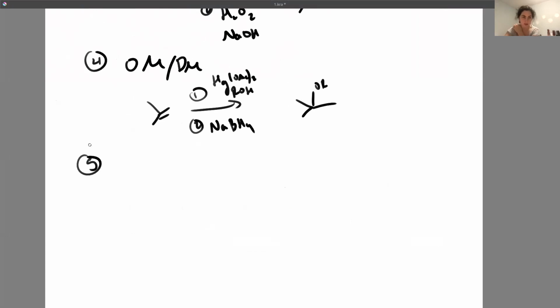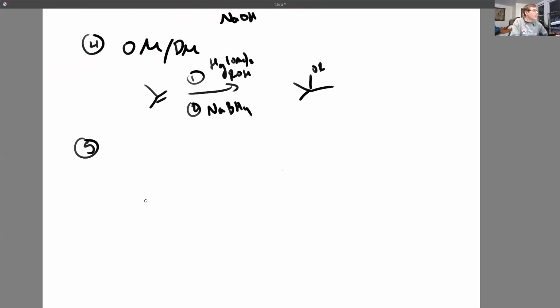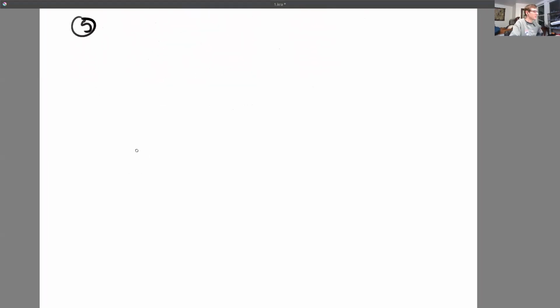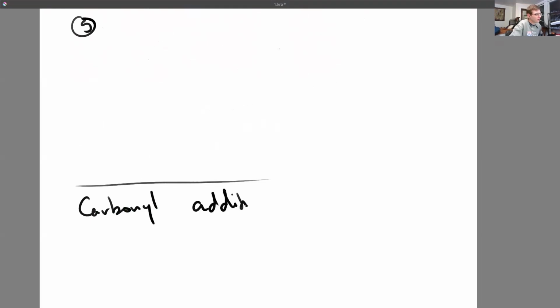Acetylides. Let me actually move those even farther down, because carbonyl additions are their own class of things. Those of you who were here last week might remember, I said organic chemistry 2 is basically a class about carbonyl additions.